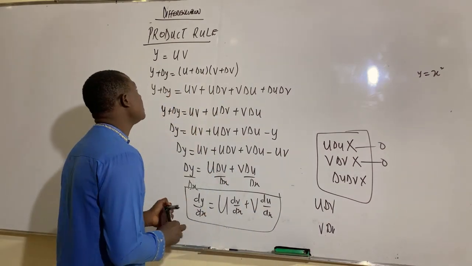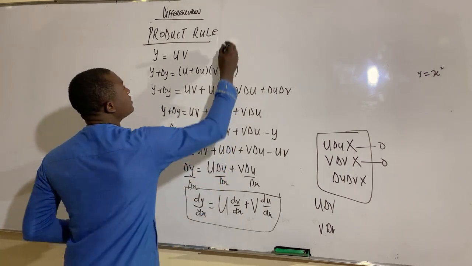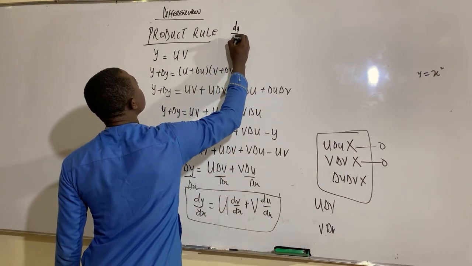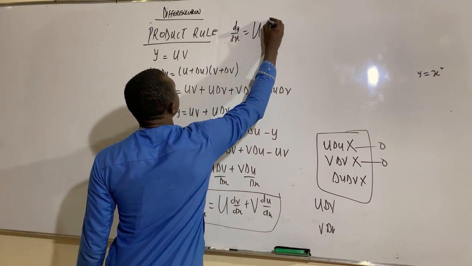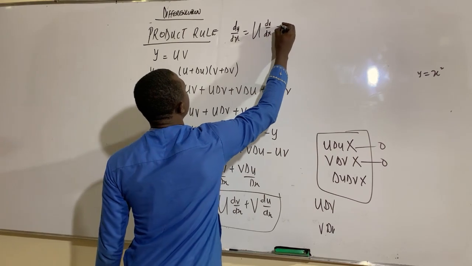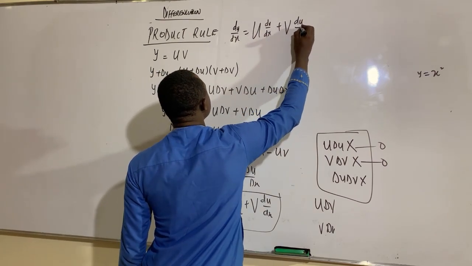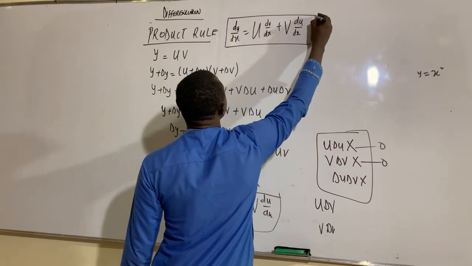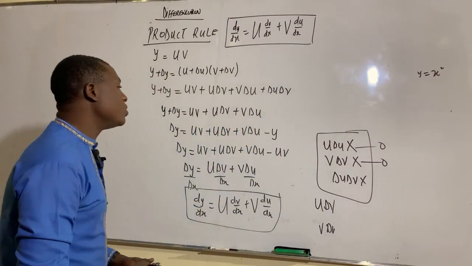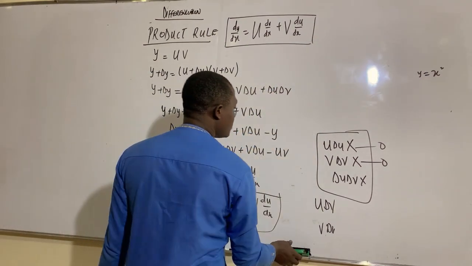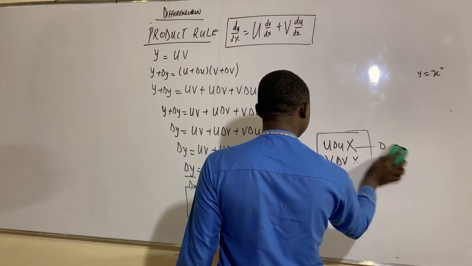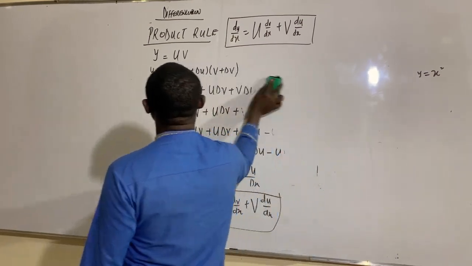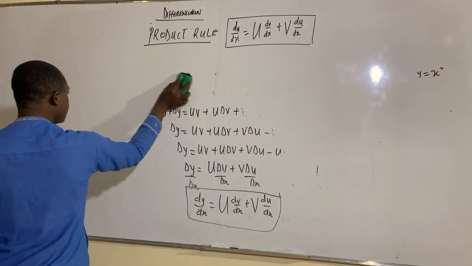So let me put the formula here. For the product rule, we have derived that dy/dx is equal to u dv/dx plus v du/dx. So this is the formula for the product rule. Let's see some examples and how we are going to make use of the formula.